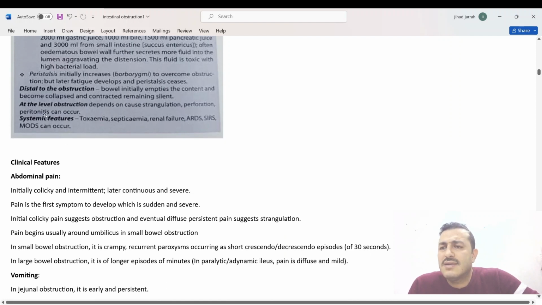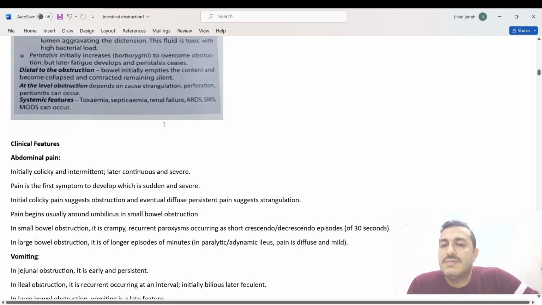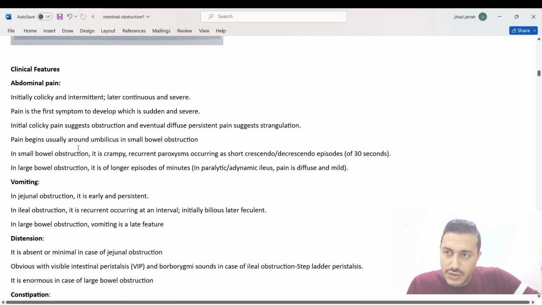Okay, and they talk about the systemic features of intestinal obstruction if left untreated: toxemia, septicemia, renal failure, acute respiratory distress syndrome, SIRS, and MODS, multi-organ failure. Actually, this is what happens.